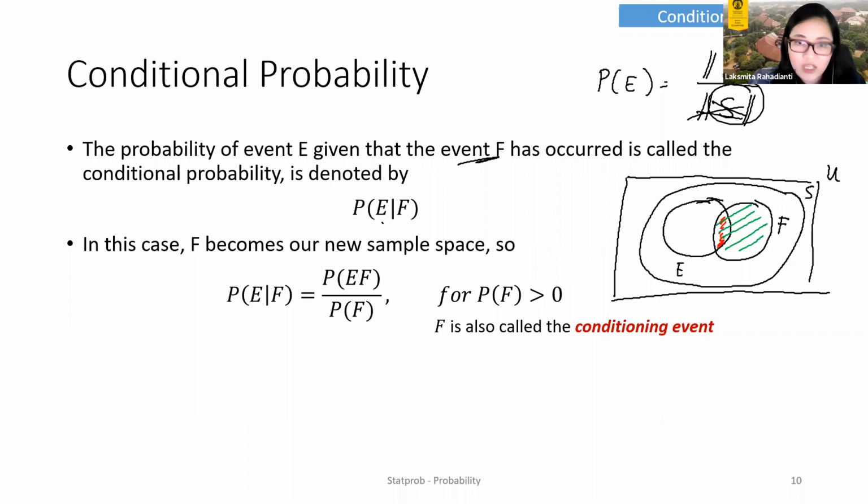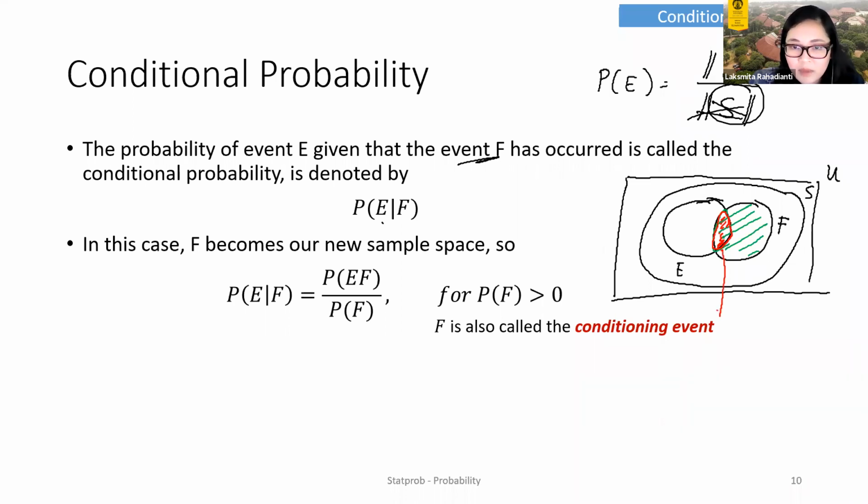Logically, when you're trying to compute a probability, we need to compute a fraction, a percentage. So what's the probability of this area, this part happening, given we know F is happening?